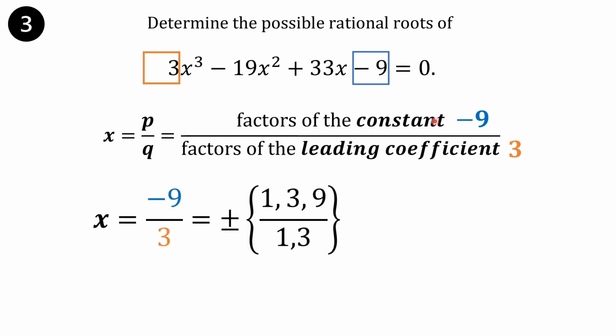x is equal to negative 9 over 3, which is the factors of negative 9, positive, negative 1, 3, 9, all over factors of positive 3, which are positive, negative 1 and 3.